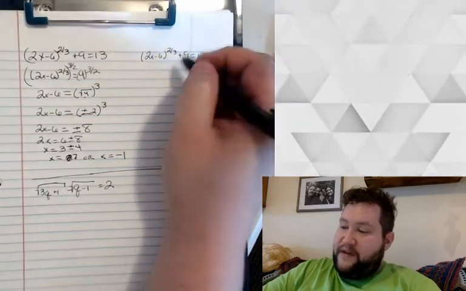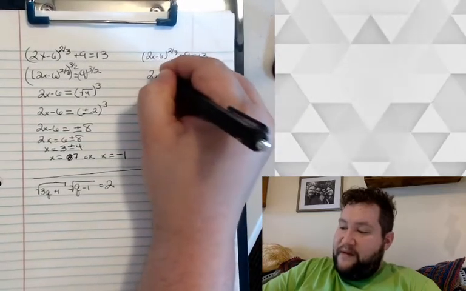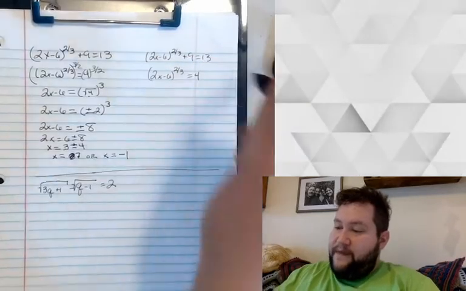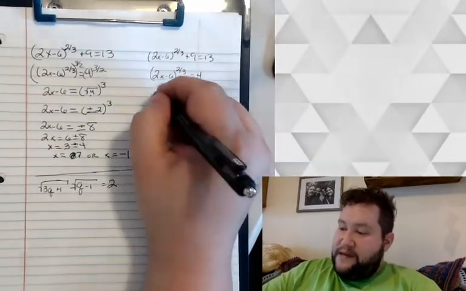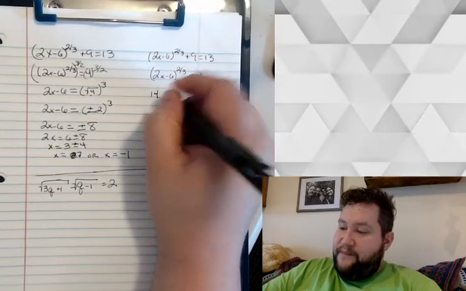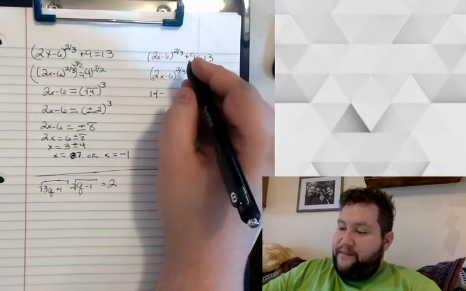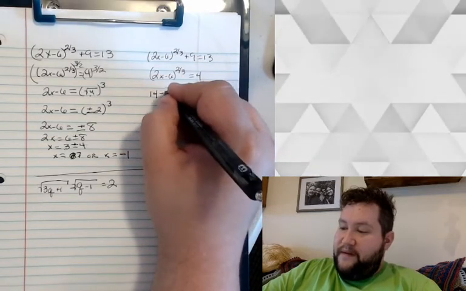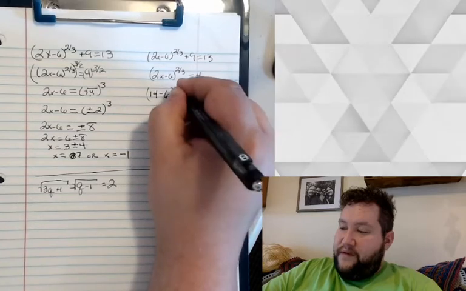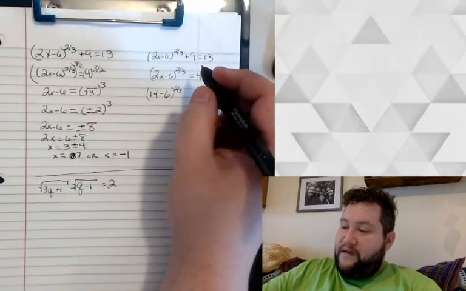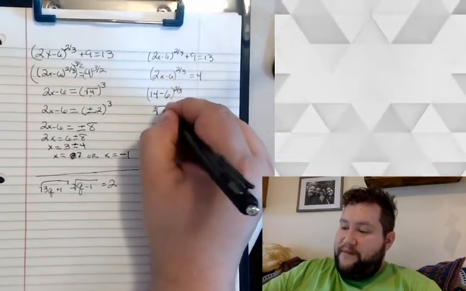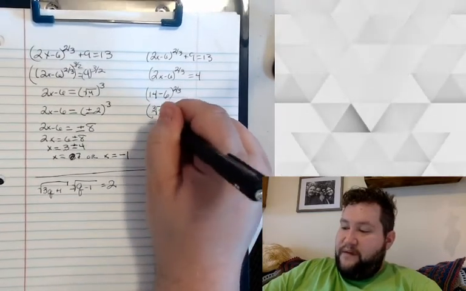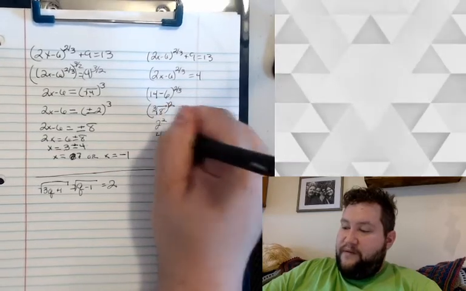Actually, I wish I would have taken the next step. 2x minus 6 to the 2/3 equals 4. If I plug in 7, I get 14 minus 6, that's 8, to the 2/3. So that's the cube root of 8 squared. Cube root of 8 is 2, squared, 4 equals 4.